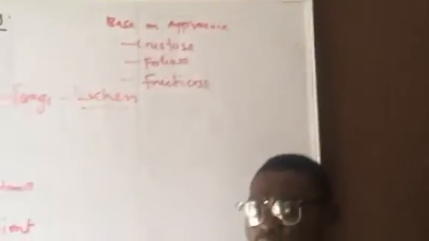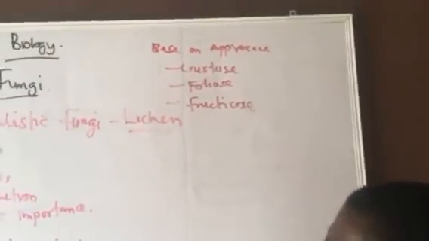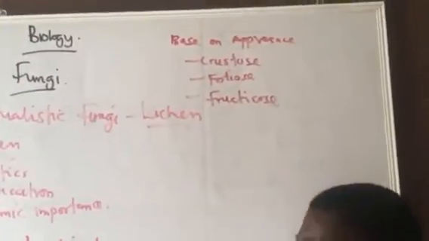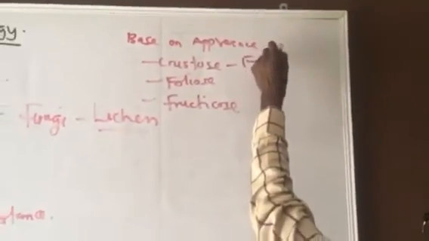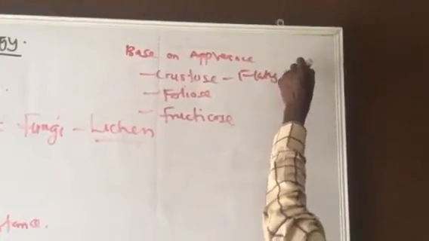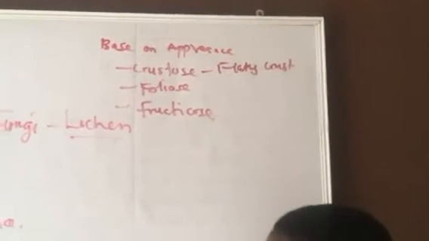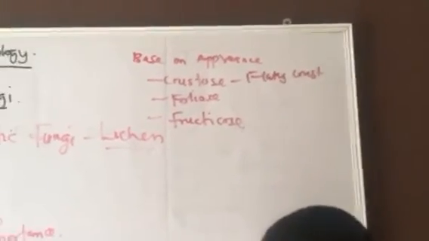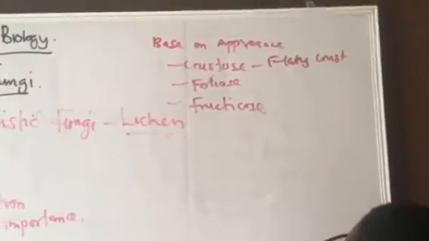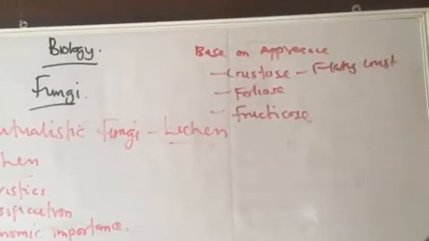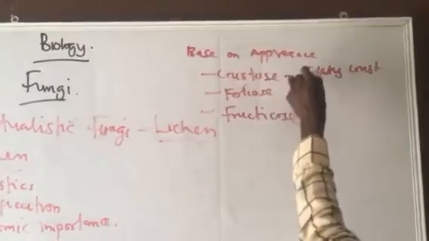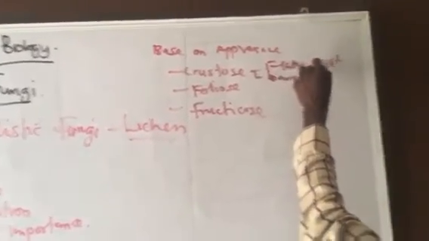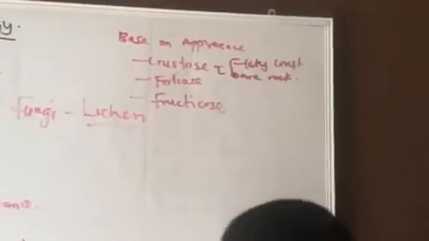The crustose lichen appear as a flaky crust on a surface. They also appear as powdery, they look like powder, and they are found on bare rocky surfaces. They are found on bare rock. That is where they are found.